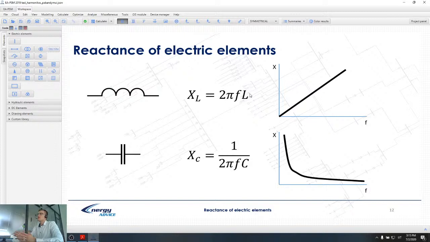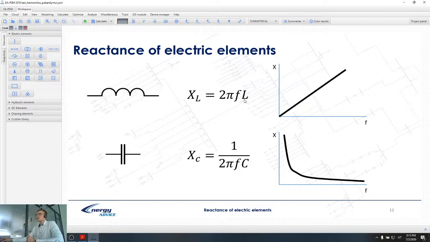This is the measuring unit for inductance. When we calculate the impedance of the element, we use this simple formula, which is 2 times pi, a constant number, times frequency times inductance. This gives us the impedance, or reactance, or whatever you call that part of the impedance that relates to the inductance.